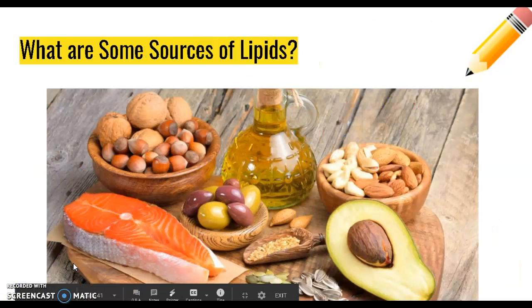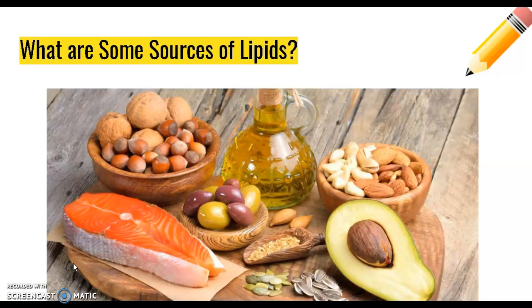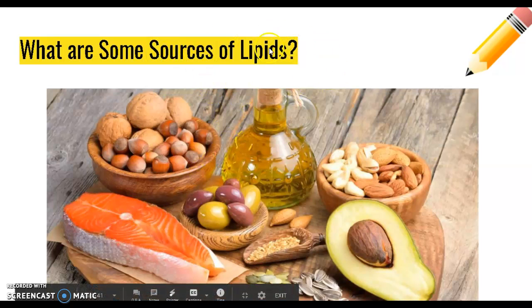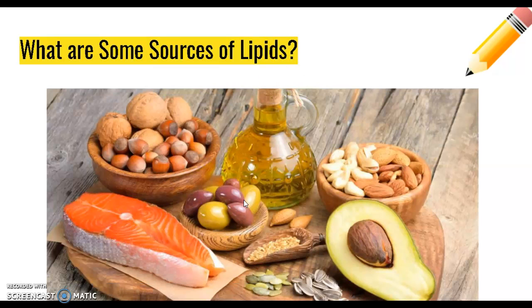The next type of molecule that you need to know for this lab is fats. Another word for fats are lipids. Fats are found in a lot of different foods. They're found in butter. They are found in oils.